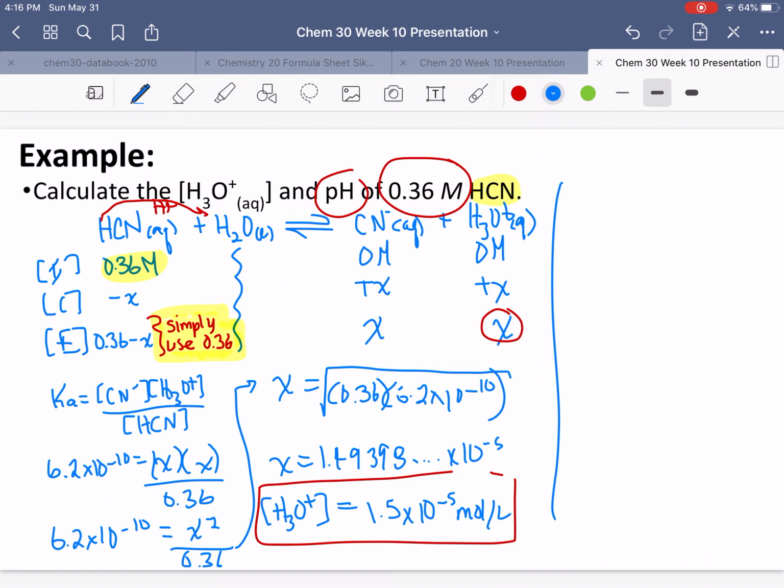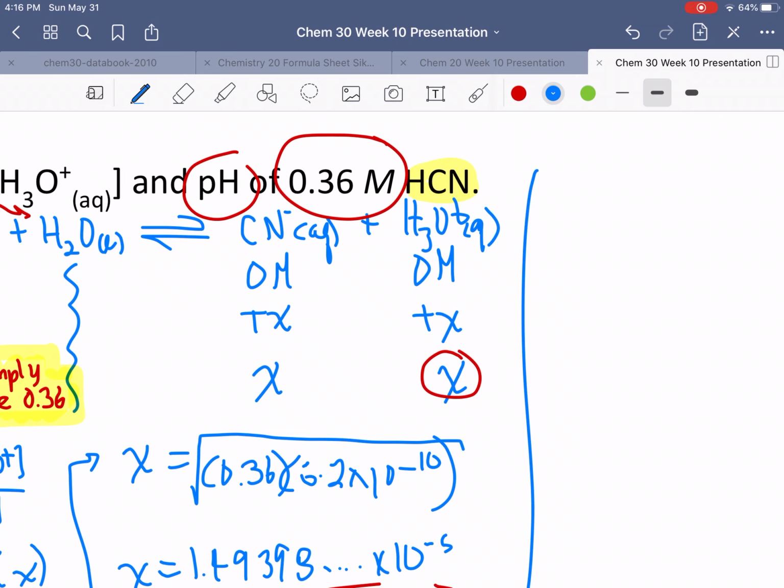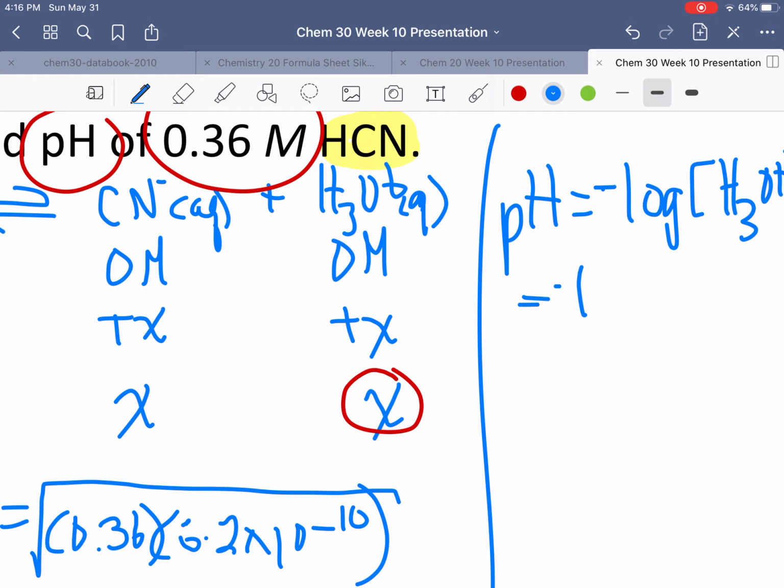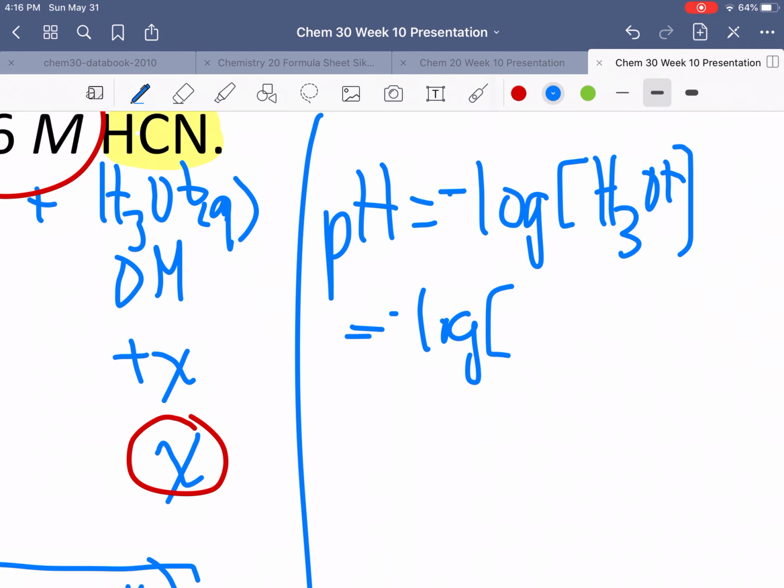Well, pH, if you've got hydronium concentration, is beautifully easy. No big deal. pH is equal to the negative log of the hydronium concentration. Easy peasy. So start plugging stuff in, but remember, use the unrounded value. Don't plug in 1.5 times 10 to the negative 5 here, guys. Go back and plug in 1.4939 times 10 to the negative 5 moles per liter, and trust me, this can sometimes make a difference, so make sure that you're watching that.